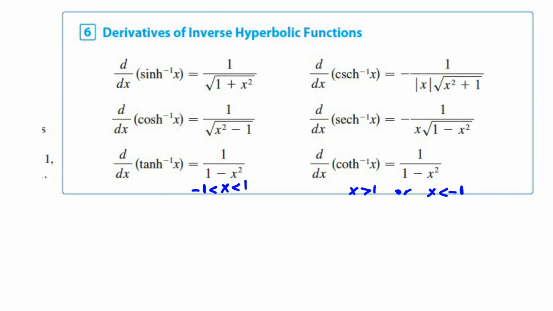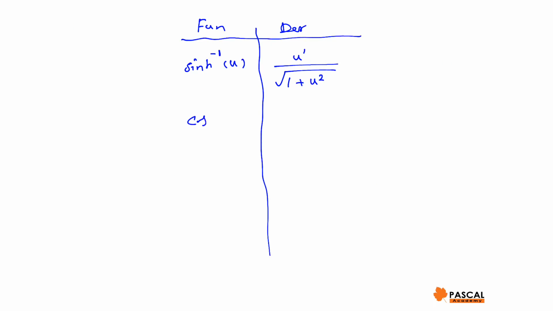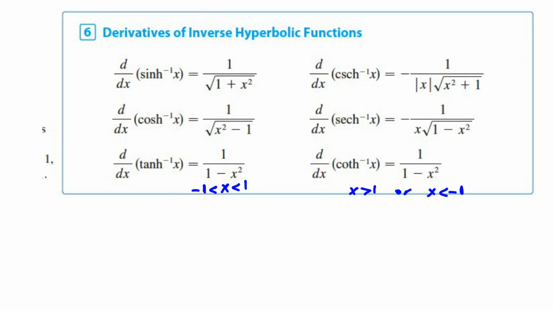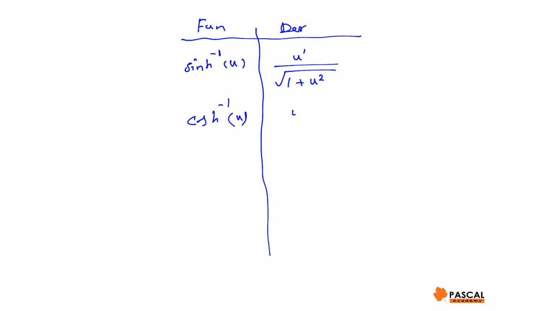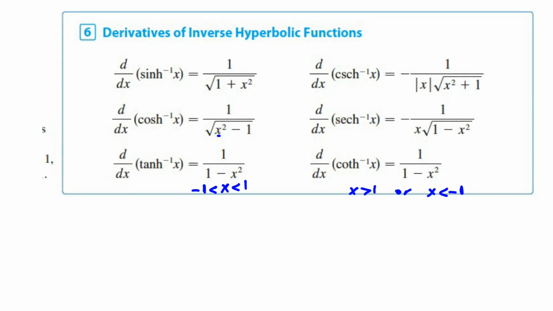Derivative of cosh inverse of u is u prime over square root of u^2 minus 1. Chain rule again. And derivative of tanh inverse of u is u prime over 1 minus u^2. 1 over 1 minus x^2 becomes 1 over 1 minus u^2, and we multiply it by u prime.